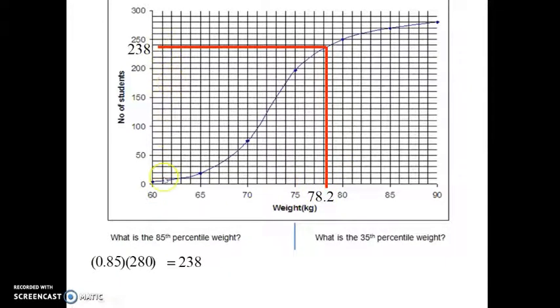And here's the 85% of students. And up here, the last little bit of students going up is 15%. So that means 15% have a weight higher than that. So again, 15% is heavier than 78, and 85% is lower than 78. That's the 85th percentile. Okay, so try this one.